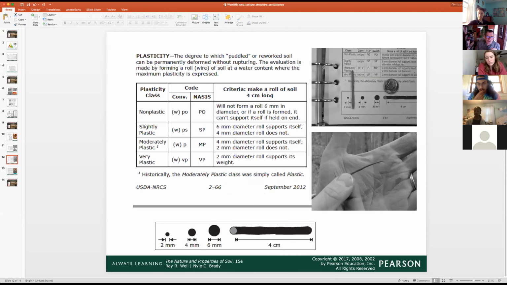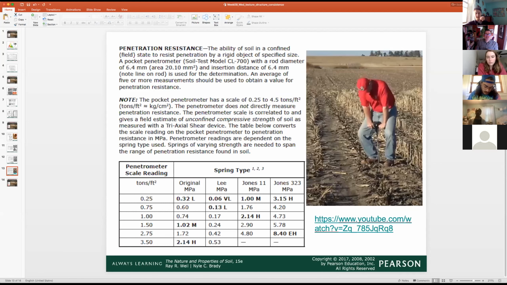We can also look at plasticity, and basically that's another little field test where you make little rods or little worms to see how plastic the soil is, and you can measure the diameter and the length to classify into non-plastic versus very plastic. The last thing is penetration resistance, and this is a bit trickier to do.